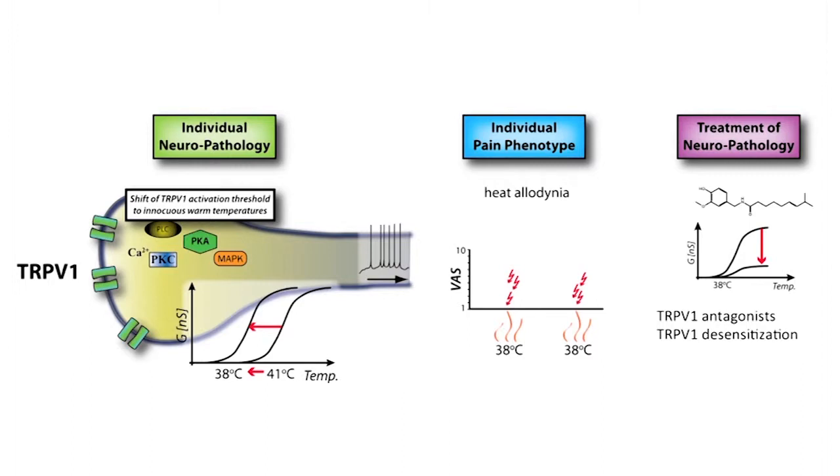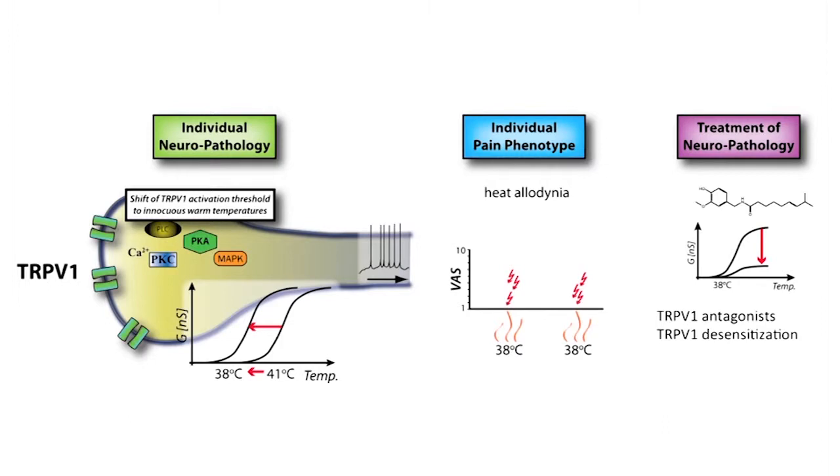we understand how this can present in our patients, for example, as a heat allodynia, where a normally warm stimulus is now experienced as being painful. We then have an insight into the mechanism in this patient that is producing their pain. And this can guide us as to the best treatment for our patient.